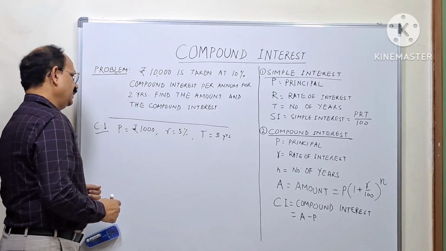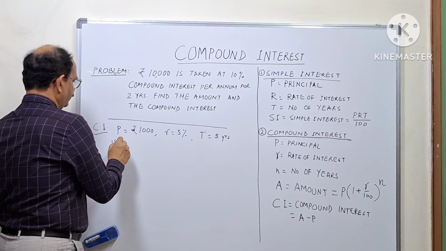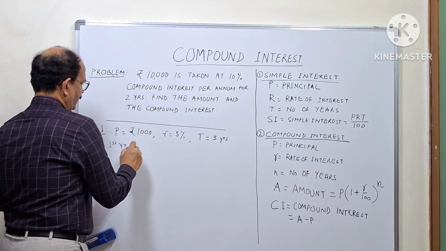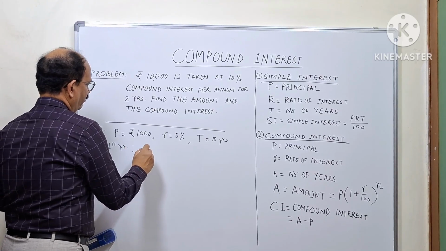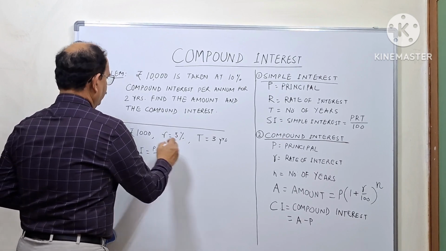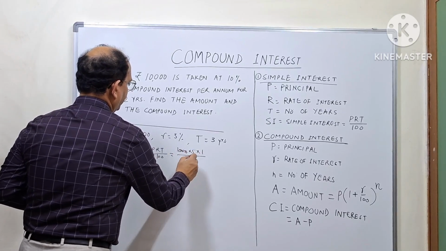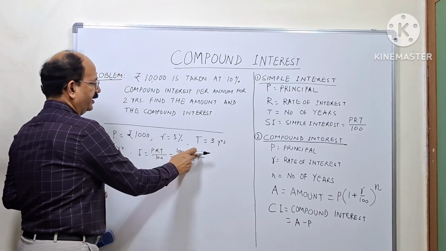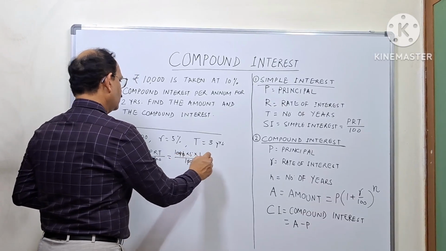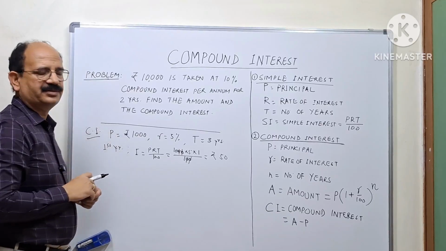For the first year, the interest will be PRT by 100, which is 1000 multiplied by 5 into 1 divided by 100. We are calculating only for the first year, so T is equal to 1. So you are getting rupees 50, the same as in simple interest.